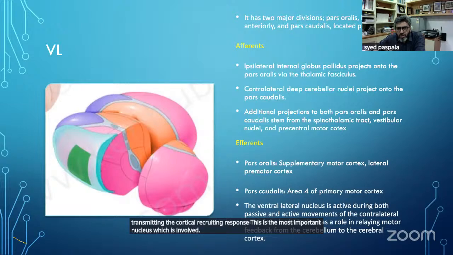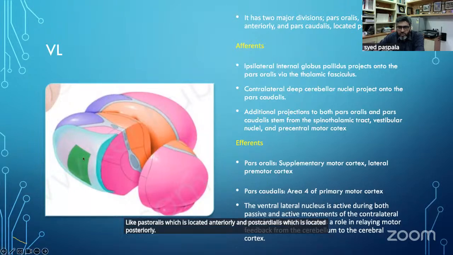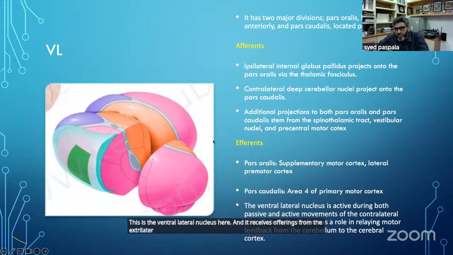And then the ventrolateral nucleus has two parts: pars oralis, which is located anteriorly, and pars caudalis, which is located posteriorly. This is the ventrolateral nucleus here. It receives afferents from the ipsilateral internal globus pallidus, mainly to the pars oralis.